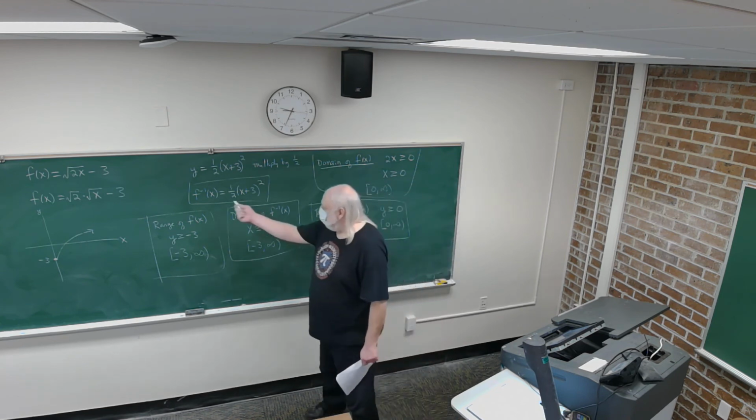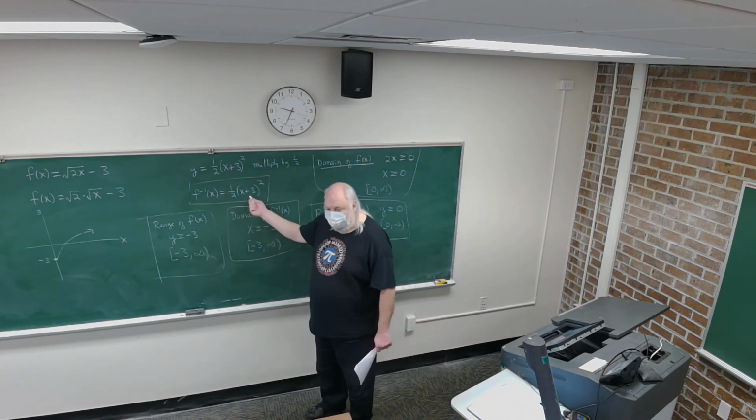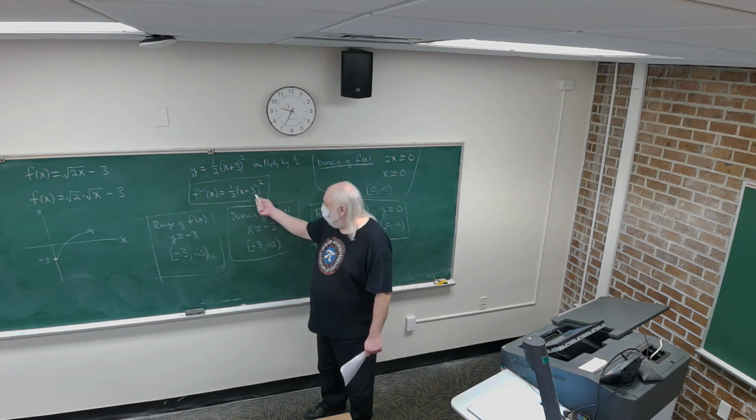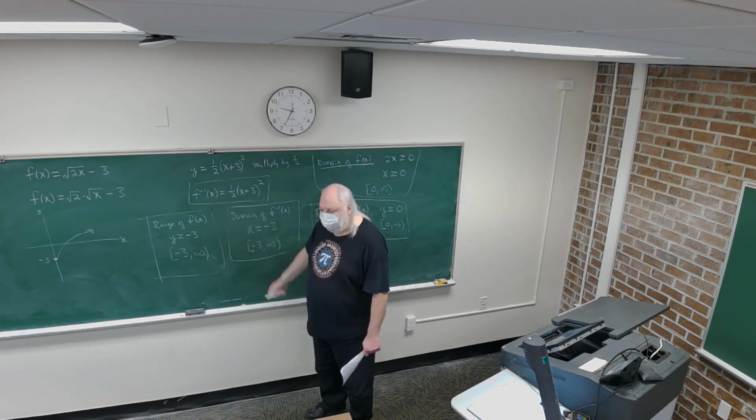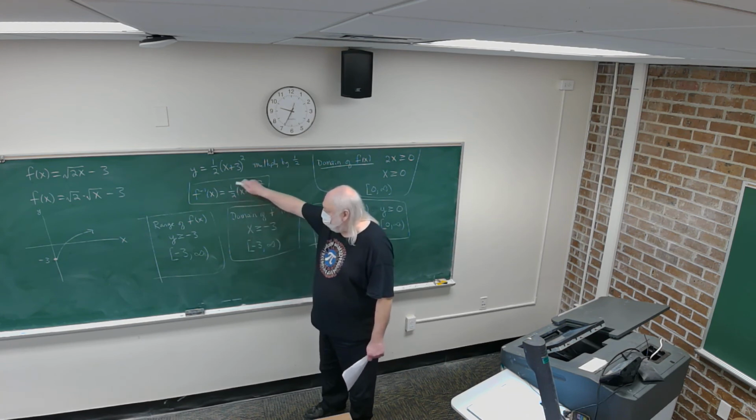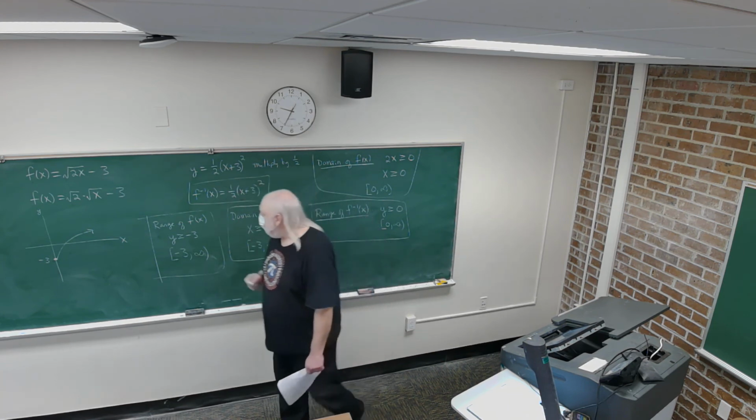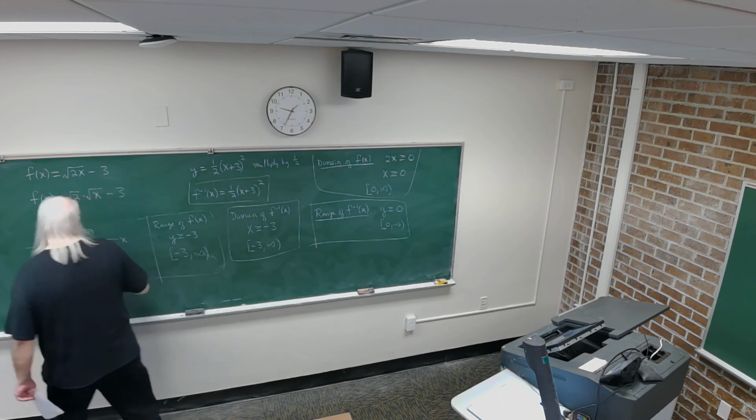So f inverse of x, right, its graph, this is a transformation on the squaring function x squared. So the graph of f inverse is half of the parabola shifted to the left 3 units and compressed by a factor of 1/2. So this is the graph of f of x.